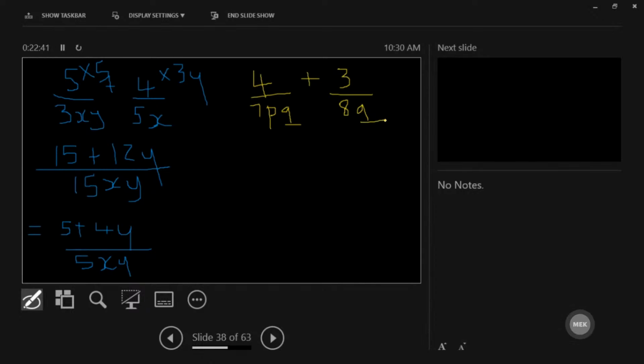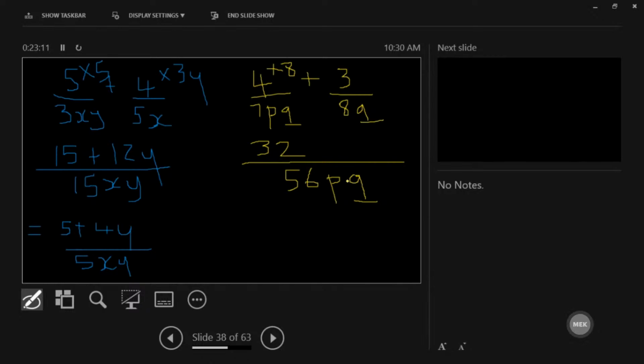So we have 4 over 7pq plus 3 over 8q. So the LCM of 8 and 7 is 56, and we represent the pq. So 7pq into 56pq, that goes 8 times, and 4 8s, 32.